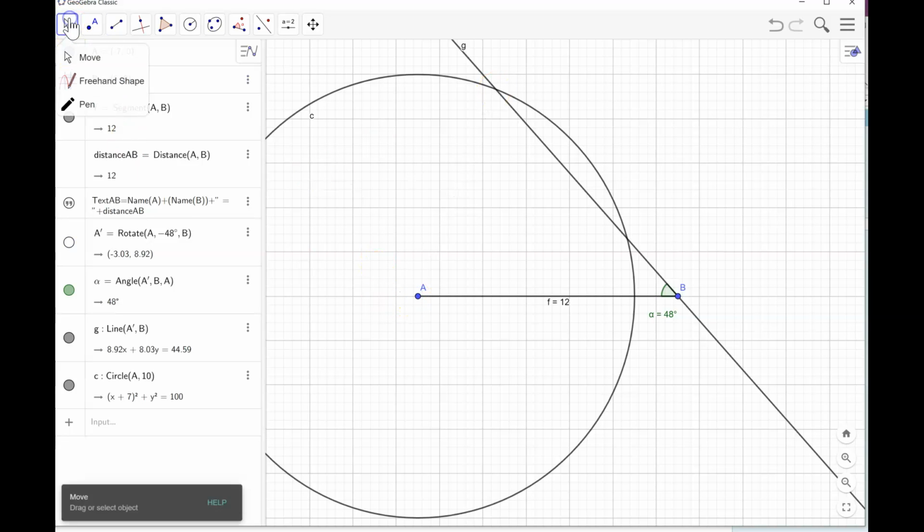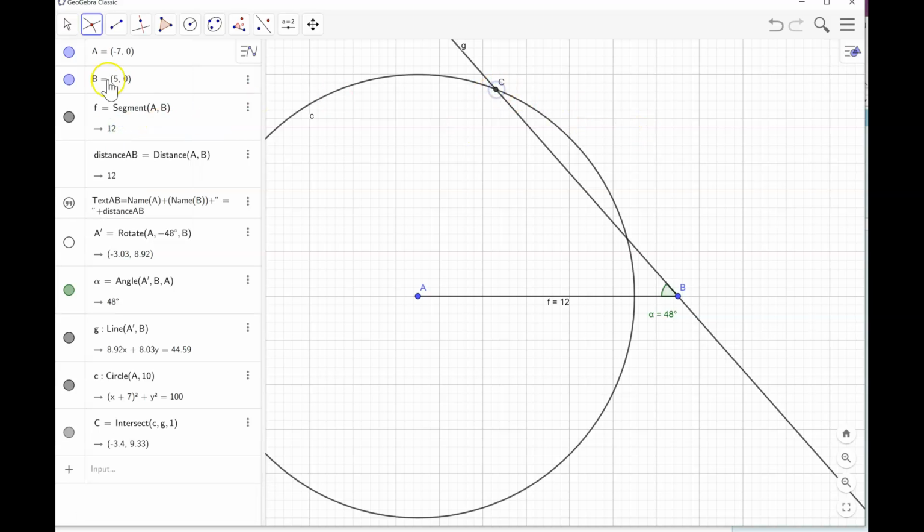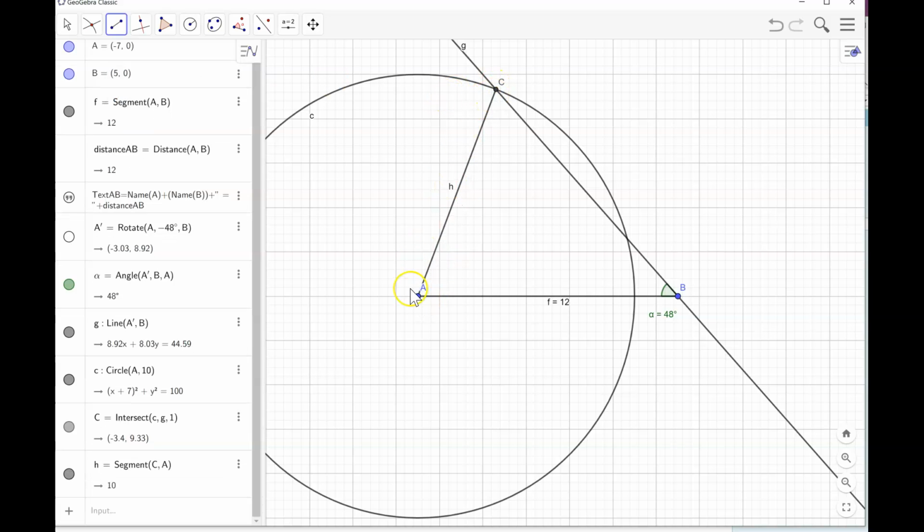Let's do it this way, actually. Here, so that's a 10, 12, and then the 48-degree angle. Everybody kind of see that?